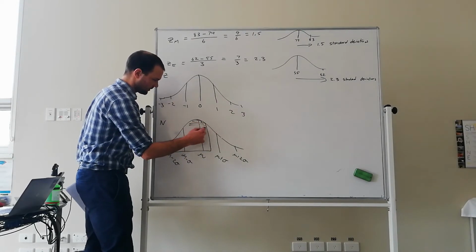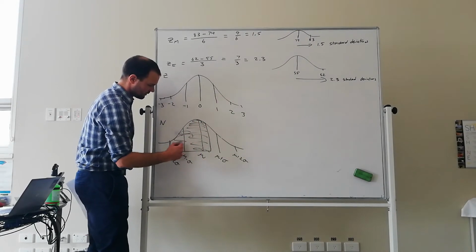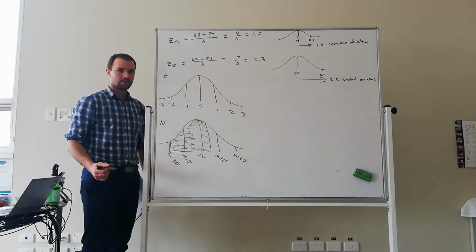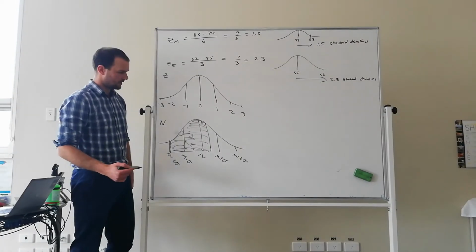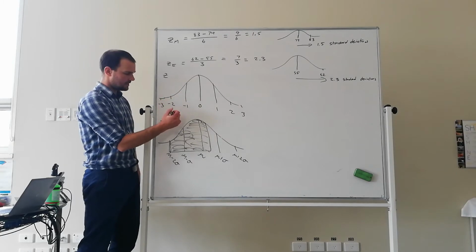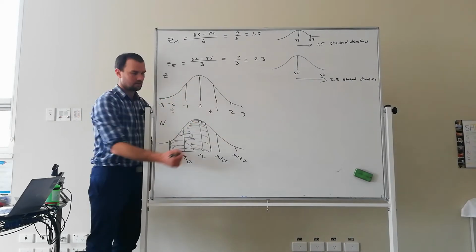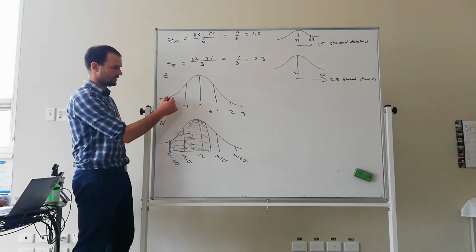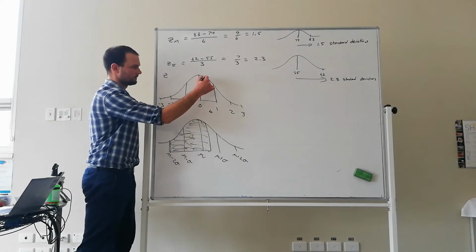So they're saying this region here is equal to the probability of it being between A and B on the z distribution. And it says, what are those values of A and B?